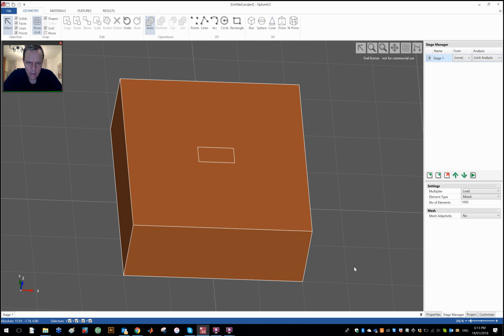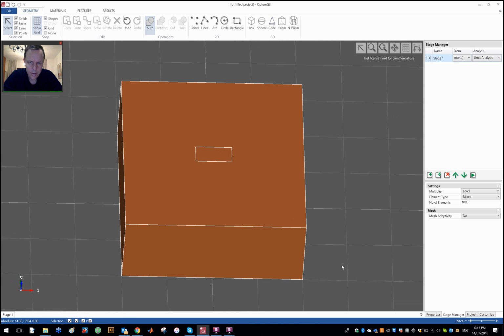And I could then use a rigid block to model the foundation, except that it's a bit of a problem applying moment loading to a solid. So what I'm instead going to do is use a shell to model the foundation.